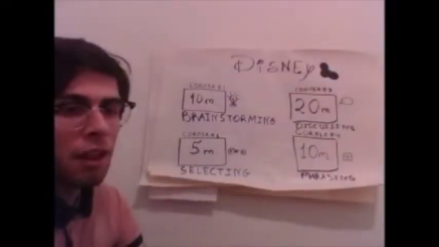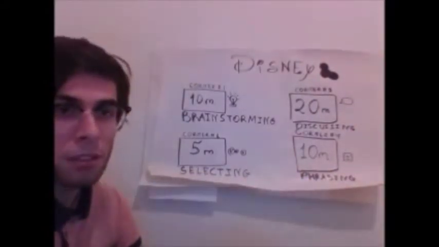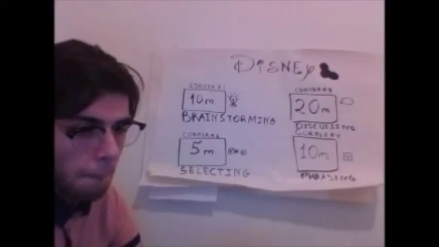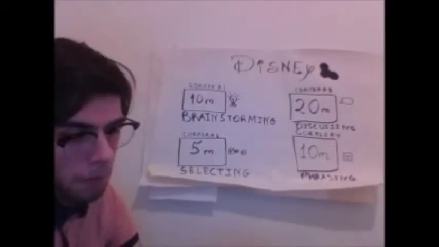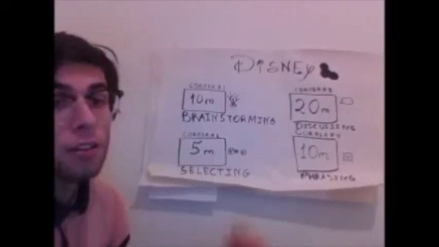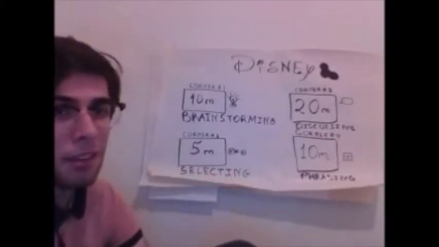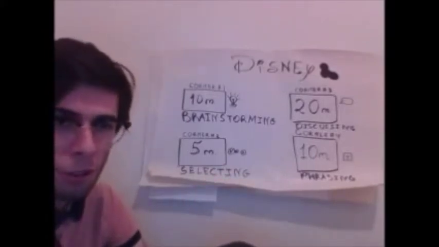However, there are some aspects of the Disney method that you have to keep in mind for the committee work to be completely successful. For example, from my own experience, I can tell that the Disney method works better for smaller topics.